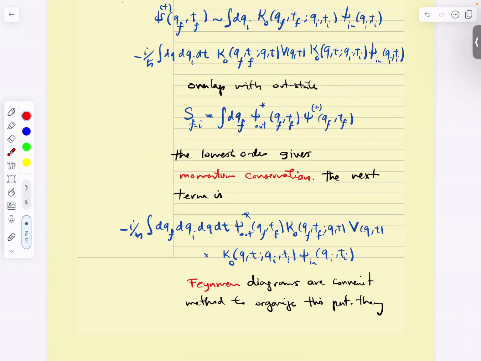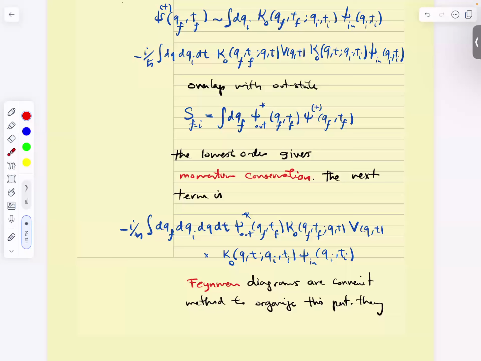So you start with some psi initial that you're going to expand at some time t prime in this basis. This is a resolution of identity. Then you evolve it by e to the minus i H (t_f minus t_i), and look at the overlap with some psi final out.